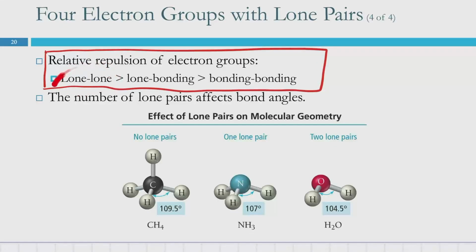So they're going to try to minimize the number of lone pair interactions. Ideally, we don't have any lone pairs right next to each other, because those are going to have strong interactions. And a lone pair with a bond is going to be less repulsion, less bad than that. Bonding pairs interacting with each other is our least stressful interaction.